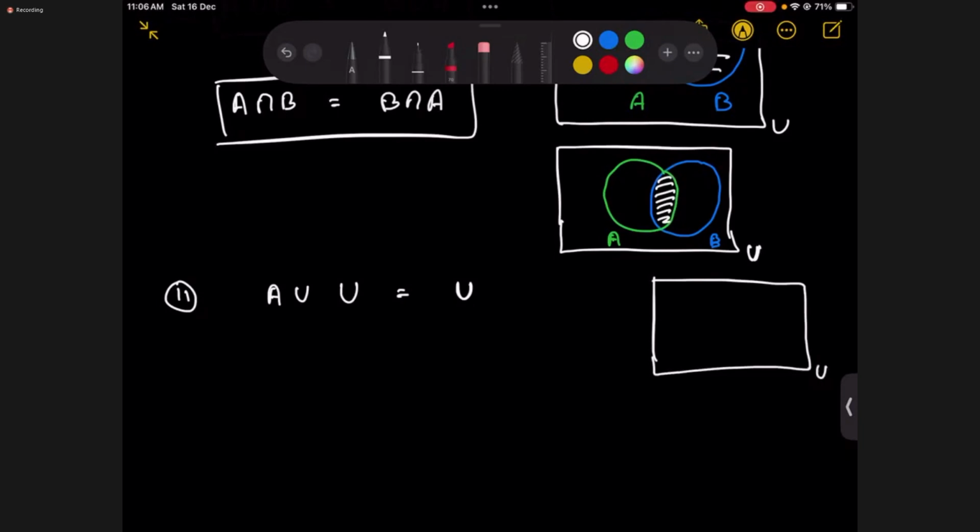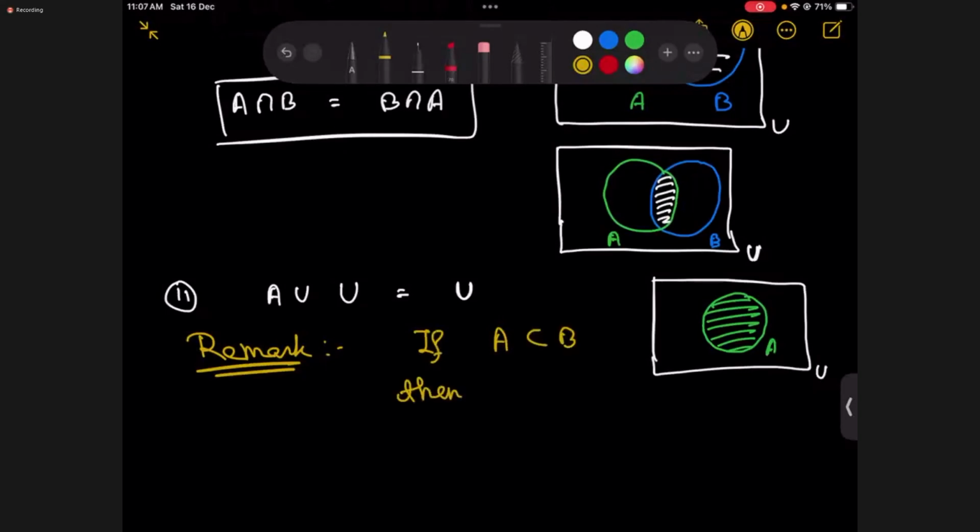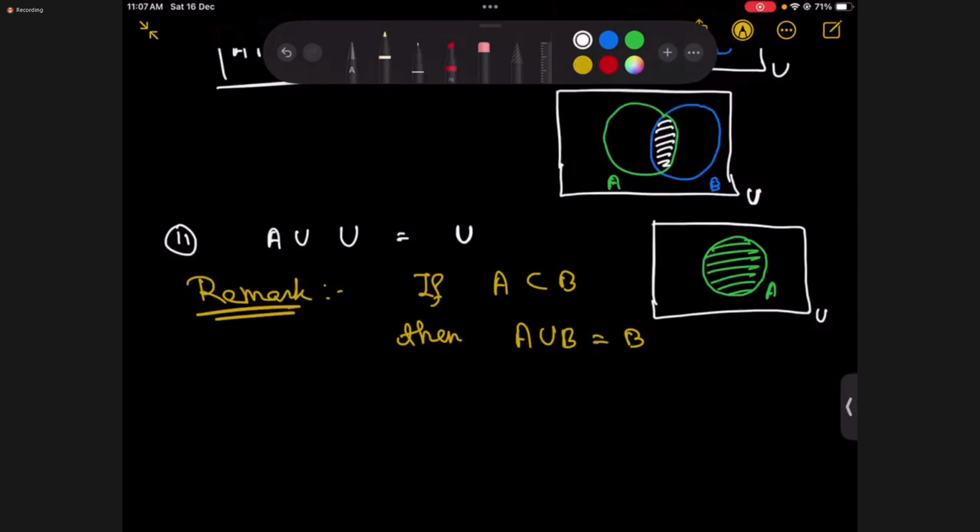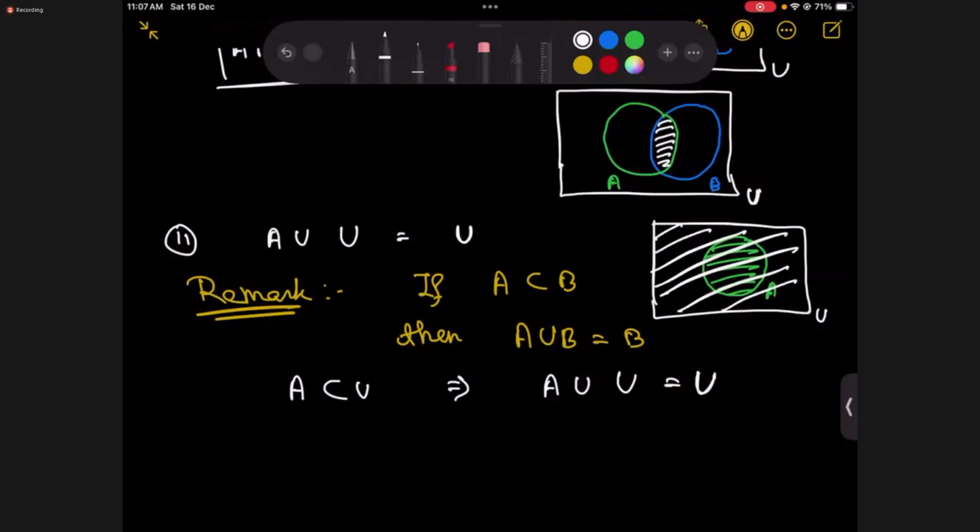This is our U, U means all the sets, and suppose this is our A. Now this A is a subset of U. One remark, we already discussed last class: if A is a subset of B, then A union B is equal to B. In this case, A subset of U implies A union U is equal to U. Because A is a subset of U, whenever we take the union, we will get the whole U.